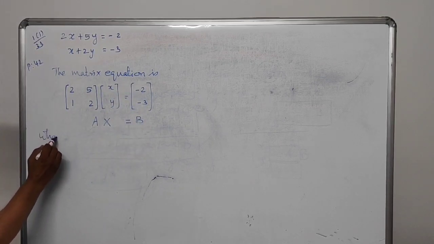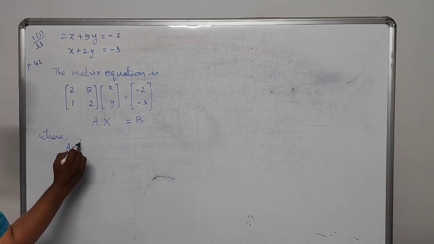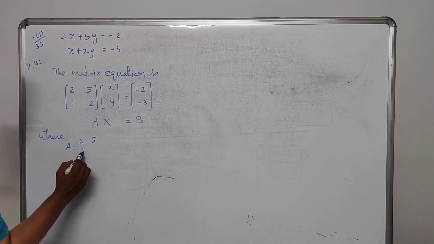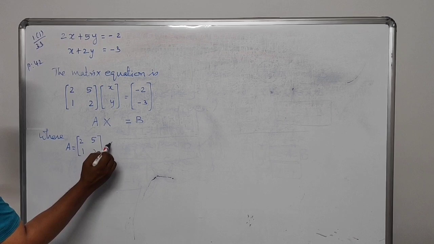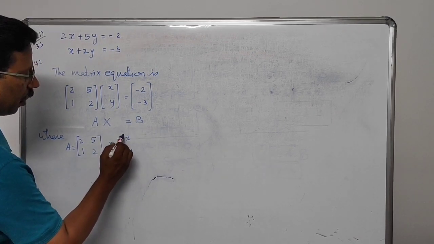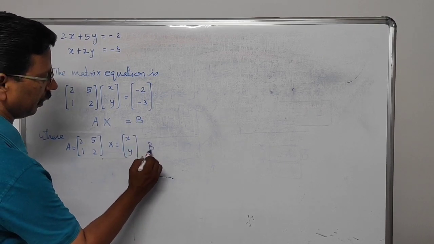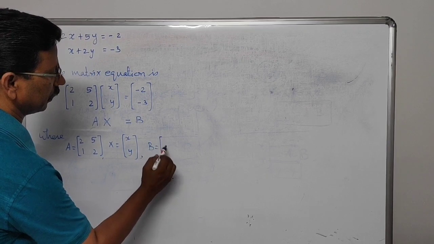Here you can write, where capital A is equal to 2, 5, 1, 2, and the matrix X is the column matrix x, y, and the matrix B is also a column matrix, that is minus 2, minus 3.